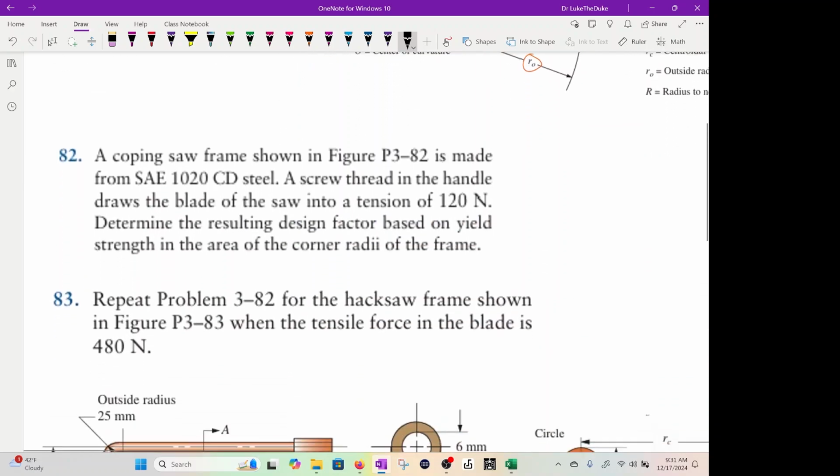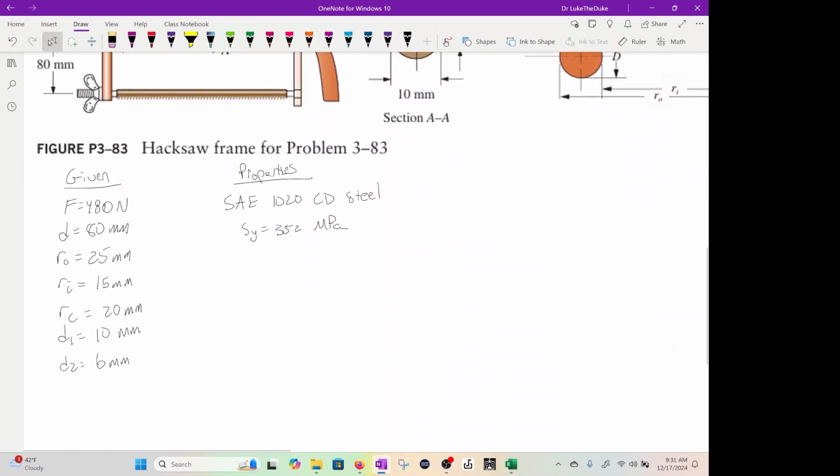We're going to compare the inside and outside sigma to the yield strength and see what the design factor is. We want a design factor greater than 2 typically.